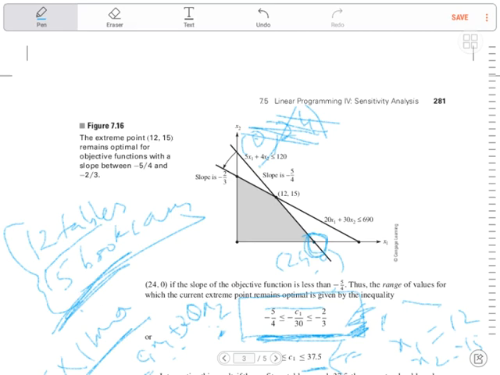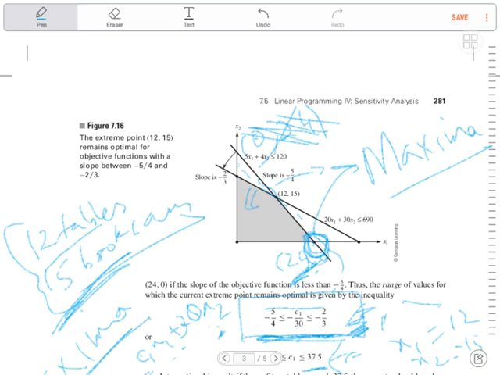If you allow your slope line to go beyond this, then what will happen? It will ultimately be 24, 0 as your extrema or maxima in that case. That means in that case he will be only making tables to make the profit, no bookcases. 0 means no bookcase.